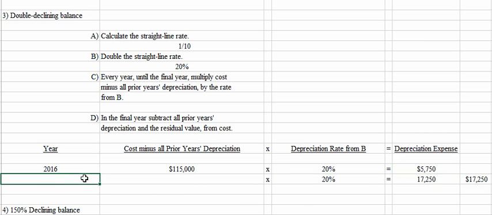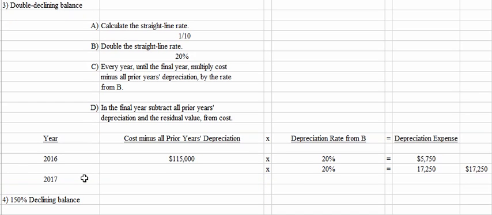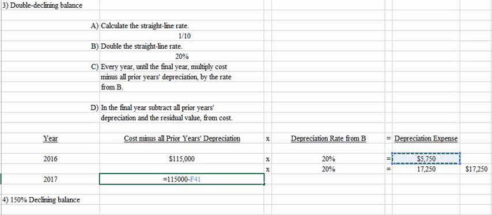Okay, I'm going to move the 2017 down. We haven't quite gotten it yet. We're working on it. Okay, so our cost minus prior year's depreciation for these last 3 months is going to be equal to 115,000 minus the depreciation taken in 2016 for year 1 minus depreciation taken in the first 9 months of 2017, which was still part of year 1.